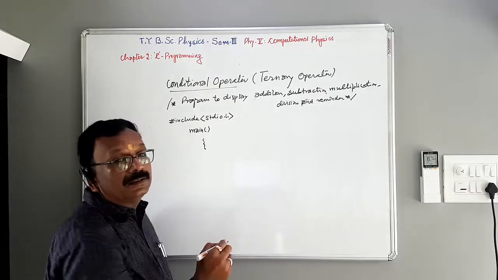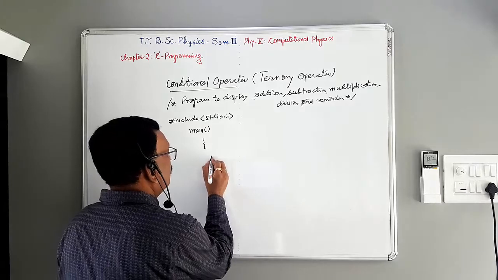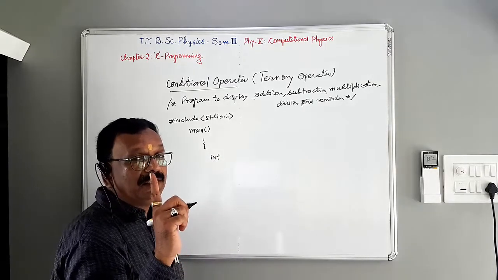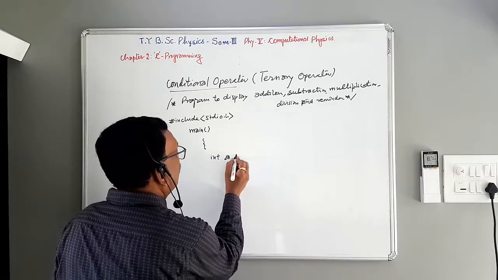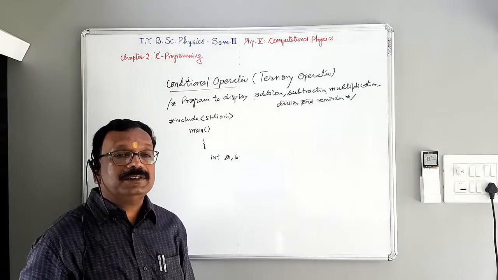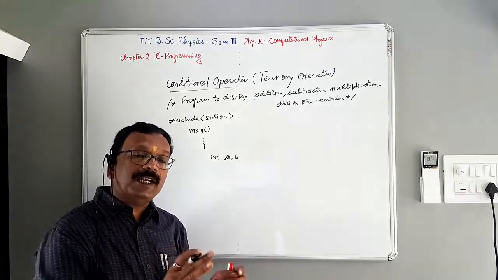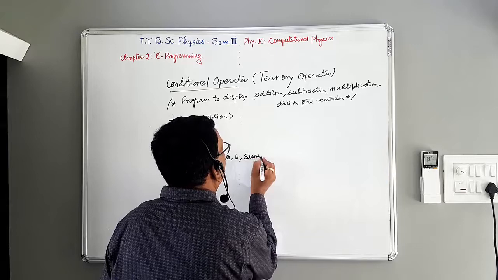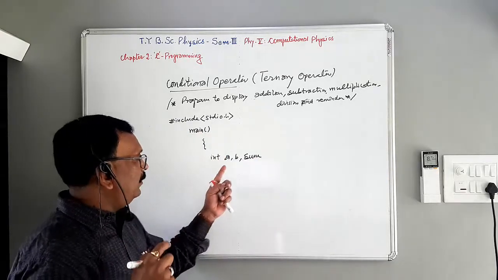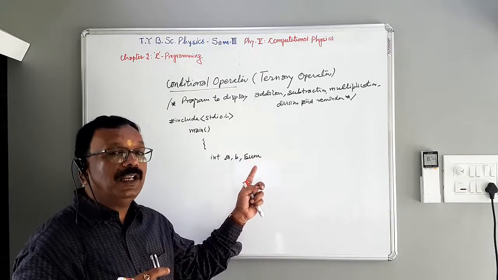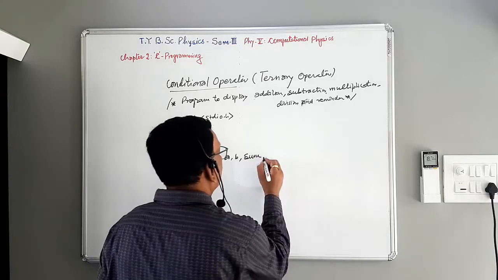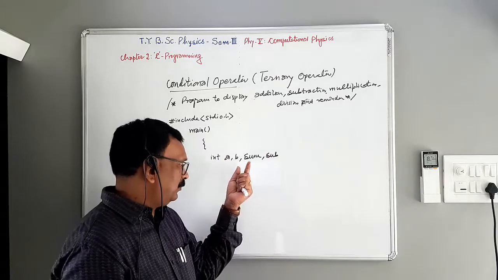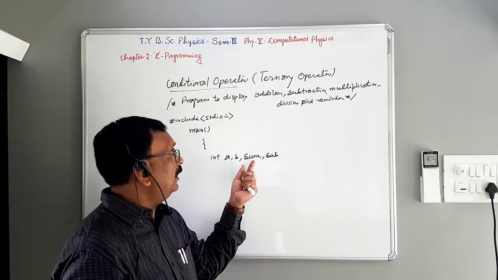Now int, declaration of variables. Here we are going to consider only two variables, a and b. These are two variables whose values will be supplied by the user through the keyboard. Then we want a sum. When we provide two variables as integer type, then sum will also be integer type. Then subtraction; we use abbreviated words.